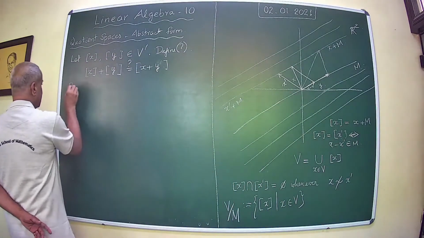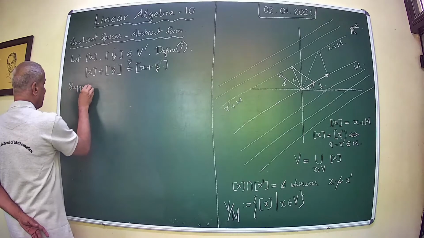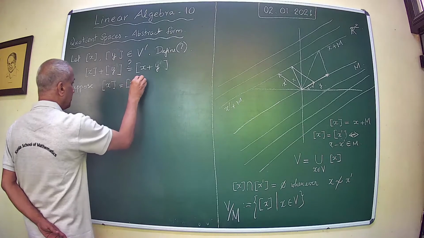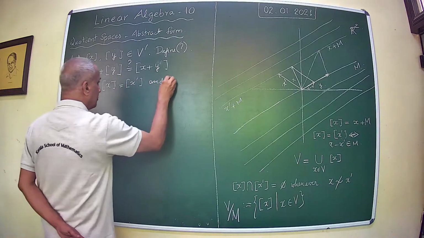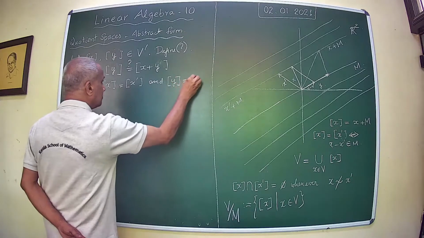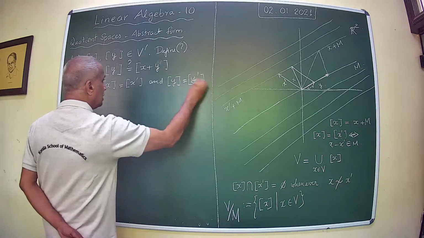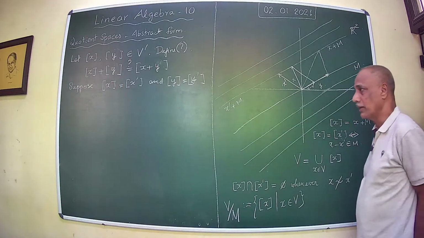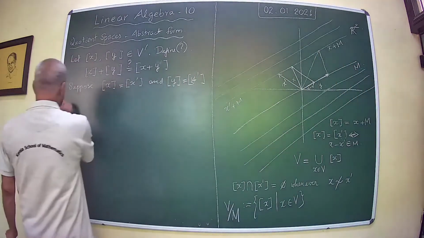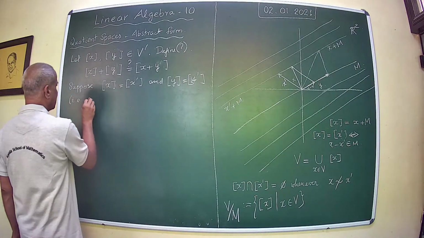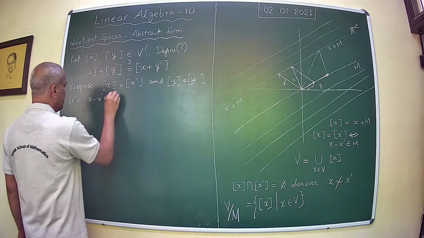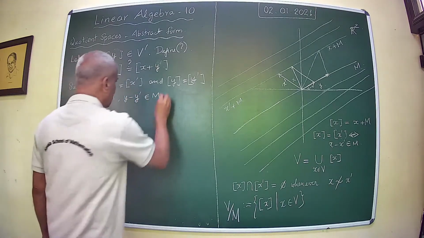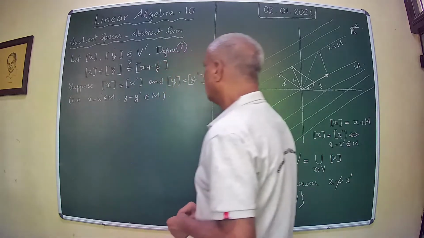Okay. Suppose x prime and y prime, it's quite clear what they are. Okay, that means we are assuming that x minus x prime belongs to M. And then what do you have?